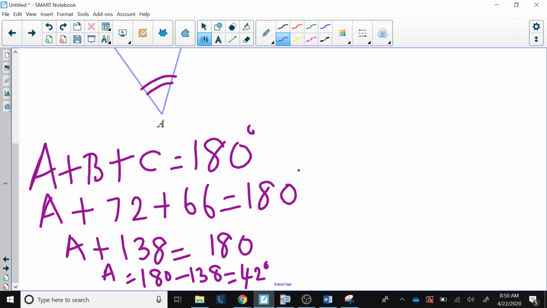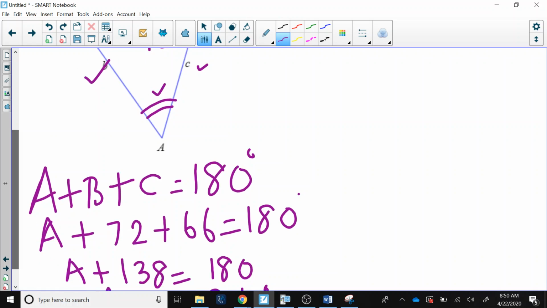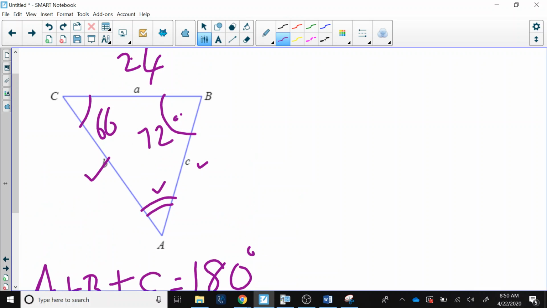So we found one measurement. Now we need to find side B and side C. In order to find the sides, we are going to use the law of sines. The law of sines is given like this: a over sine A equals b over sine B equals c over sine C. The small a at the top is the side, and the capital A at the bottom is the angle.